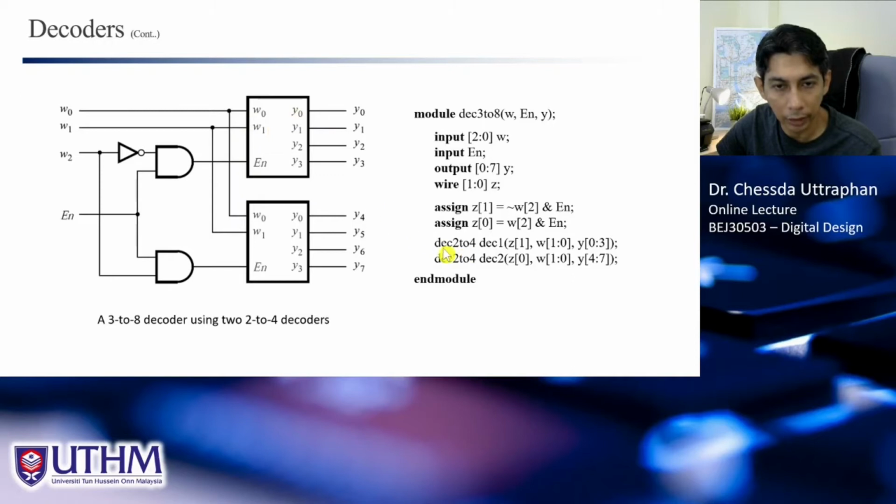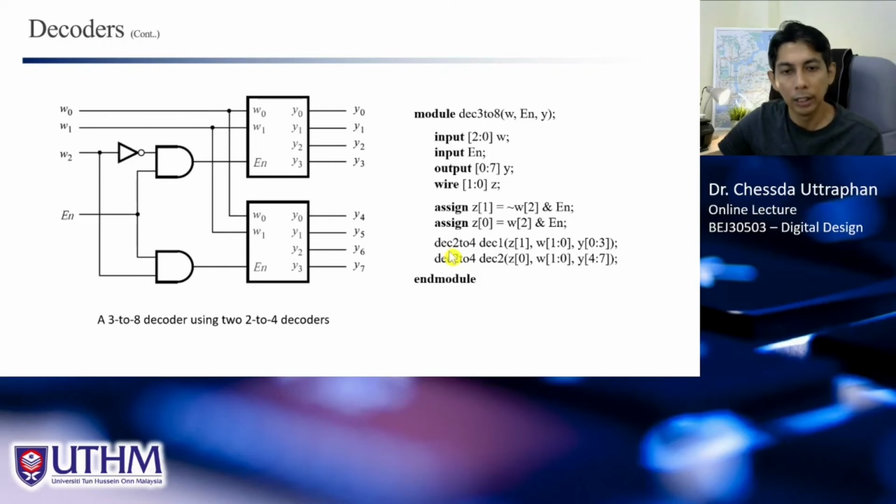So again, you see, we use module instantiation using the previously designed decoder 2 to 4, right? DEC1, let's say, for example, this is DEC1 and this is DEC2. Z1, what is Z1? Z1 is this signal actually, W2 and EN. So this will be Z1, and this will be Z0 using data flow modeling here.